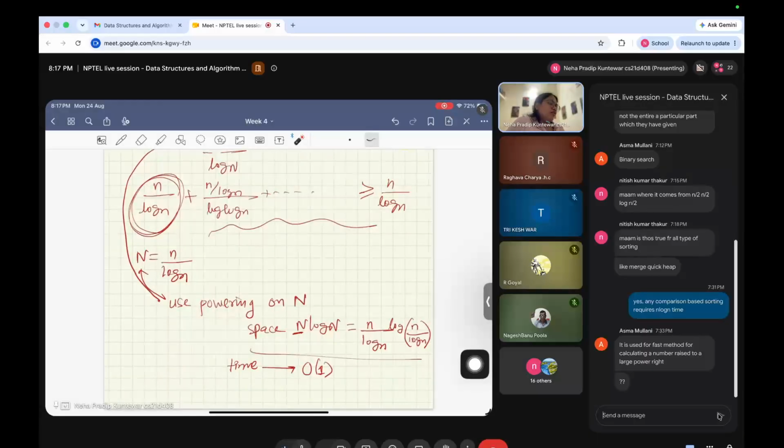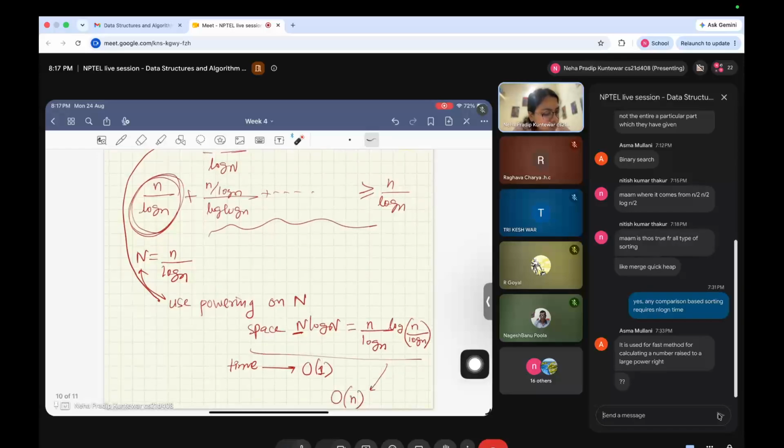This should be order n. Actually it is slightly smaller than n, because this log n and this log n will cancel out, and then you are left with log n by log 1 by log n, which is a very small quantity. So this is actually smaller than order n.